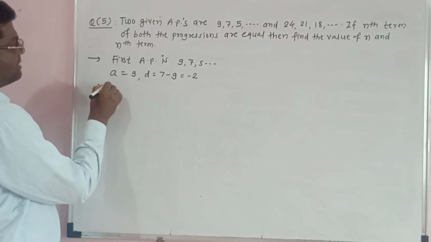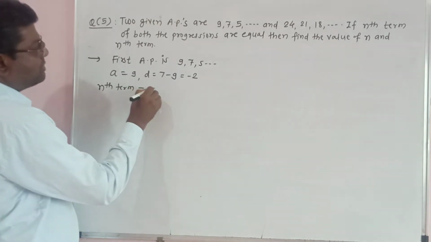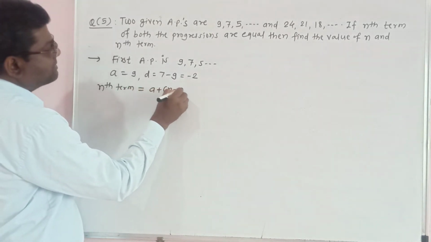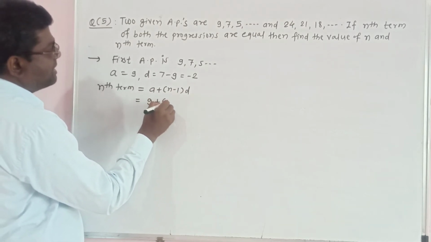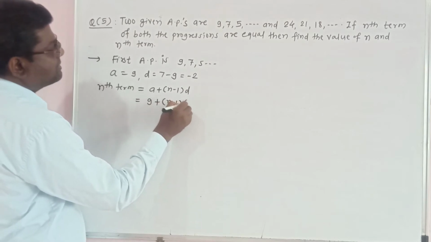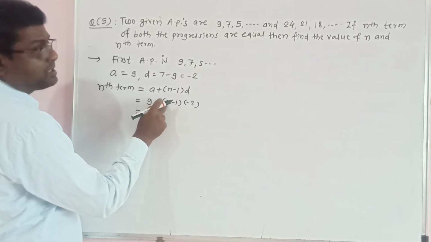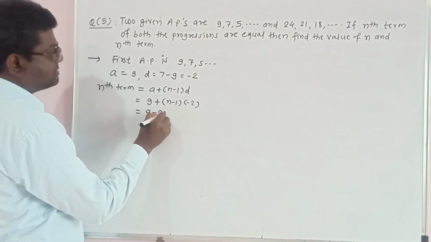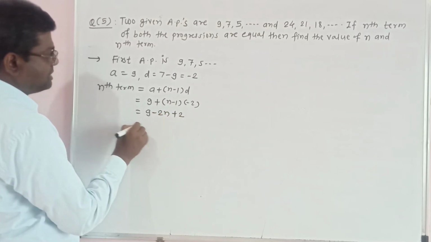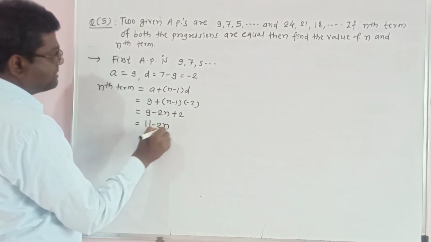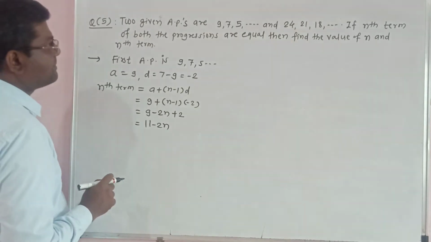Now we find the nth term of this AP. The nth term is equal to a plus n minus 1 into d is equal to 9 plus n minus 1 into d is minus 2, is equal to 9 minus 2 into n, minus 2n, minus 2 into minus 1 is plus 2, is equal to 11 minus 2n is the nth term of this AP.